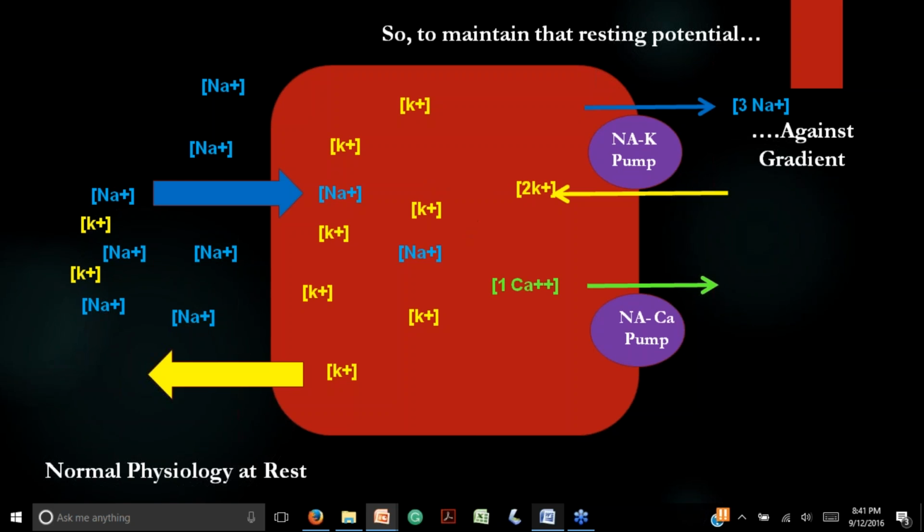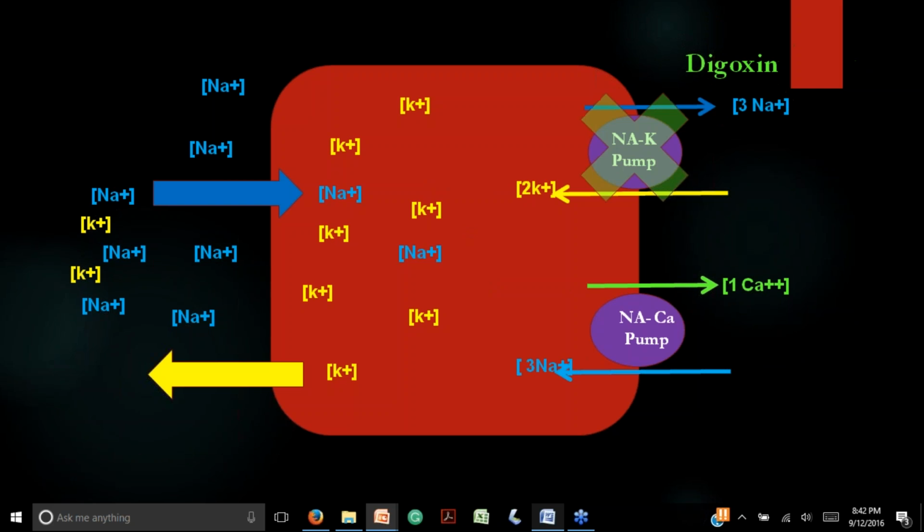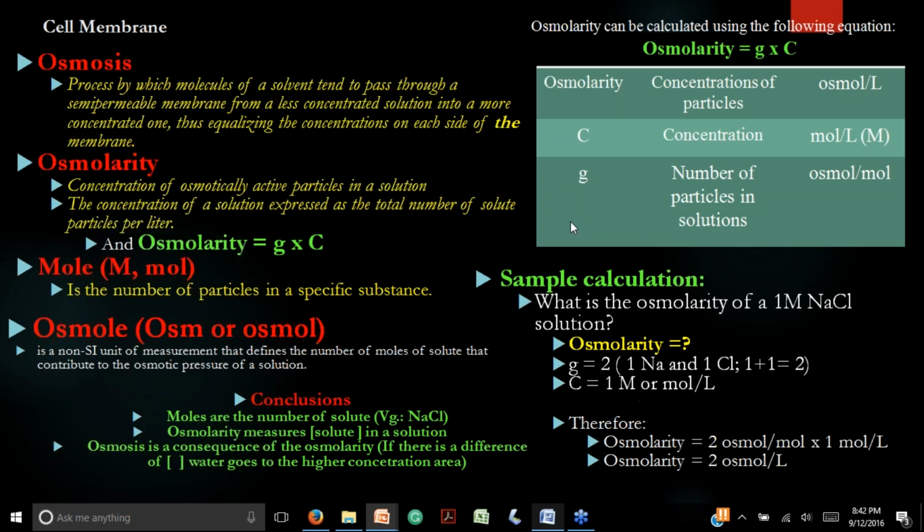Then in the cardiac muscle we have, for example, exchange of calcium and sodium, and digoxin inhibits the sodium potassium pump, increasing the sodium intracellular. We don't need any more high concentration of sodium in the cell, so the exchange is inhibited, calcium starts to build up in the cell, and that is the action of the digoxin.